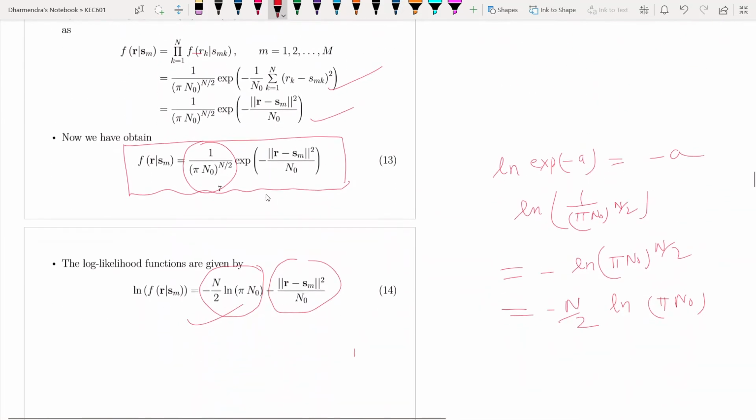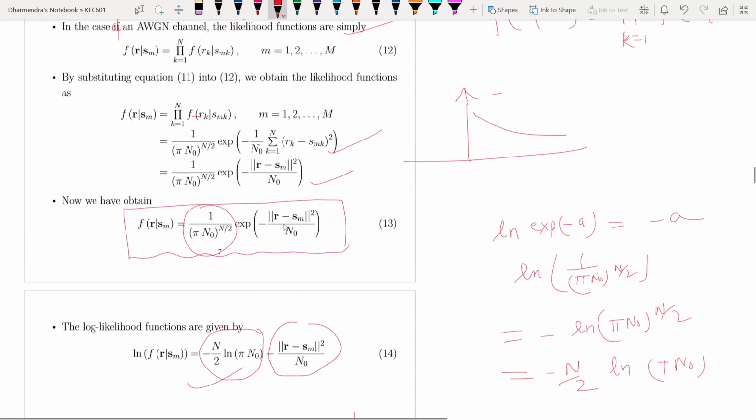This likelihood function is a function of a decaying exponential, like this, as a function of R. If I want to maximize it, because of its decaying nature, I have to choose the minimum value of the exponent, so I have to minimize this.